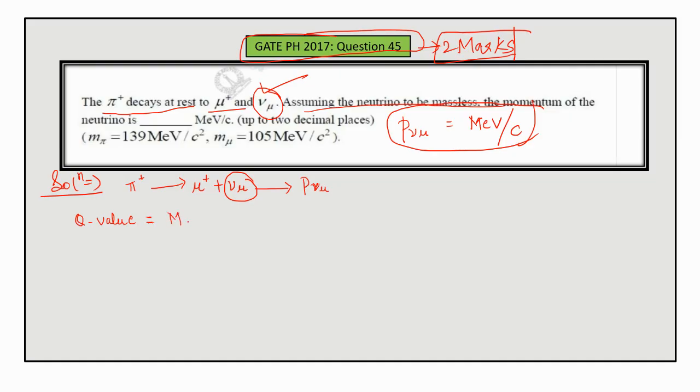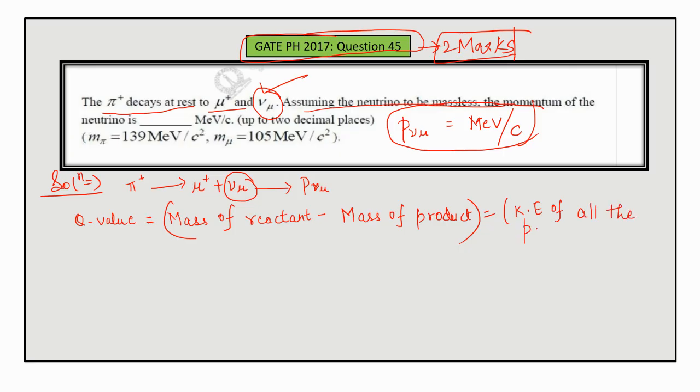One is mass of reactant minus mass of product. This is one way. And the other way is kinetic energy of all the products. We will use these two formulas to find out the momentum of the neutrino.